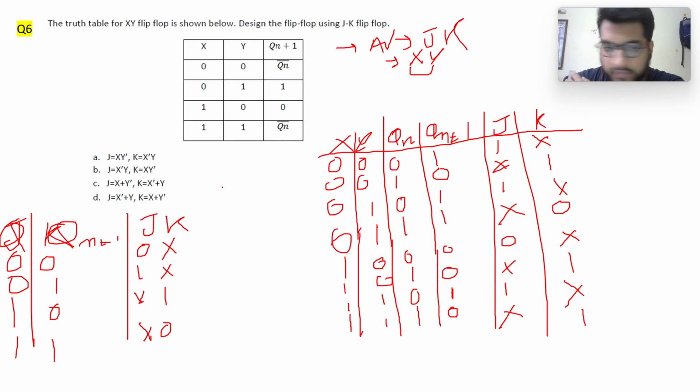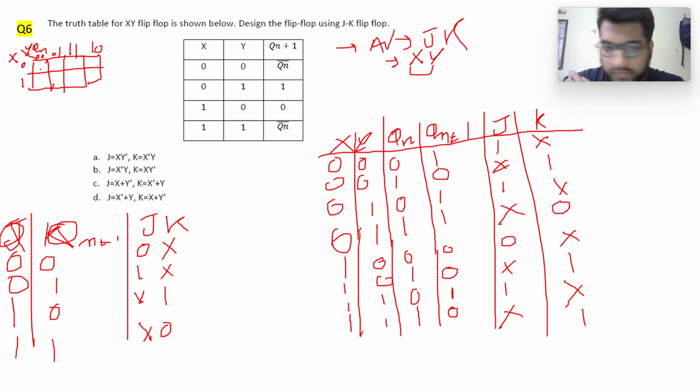Now let's write the equation. For J, let me draw the K map here. It will be X Y Qn, 0 1 0 0 0 1 1 1 1 0.